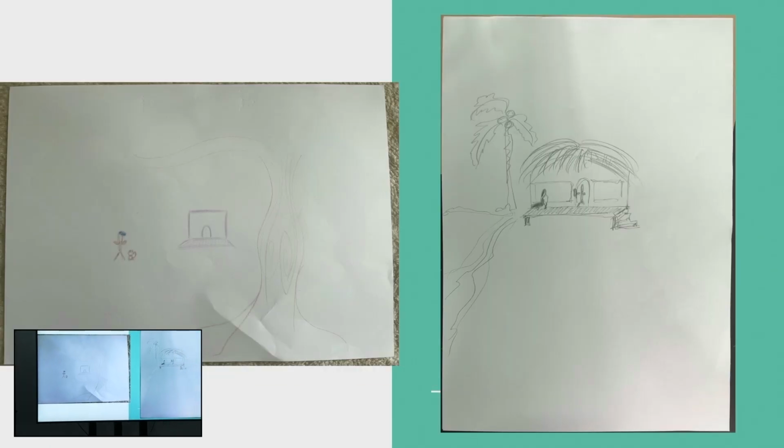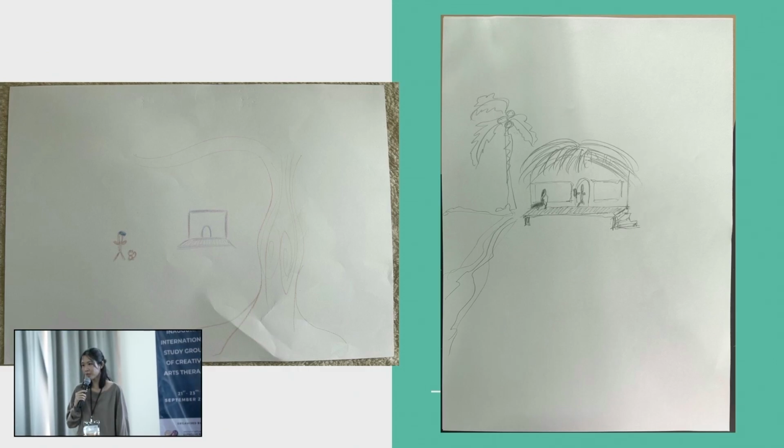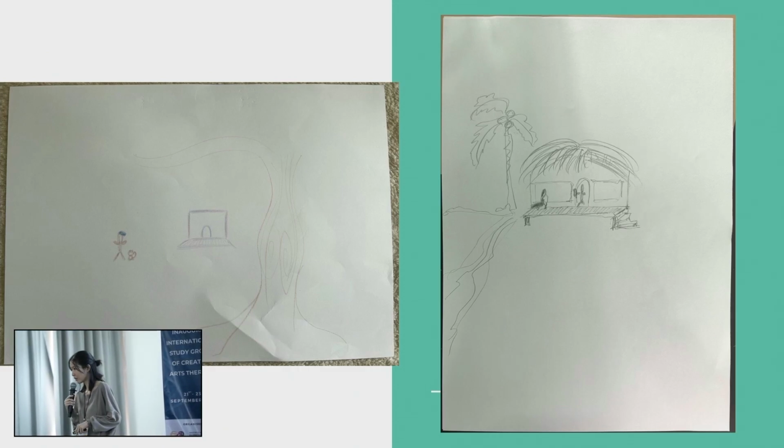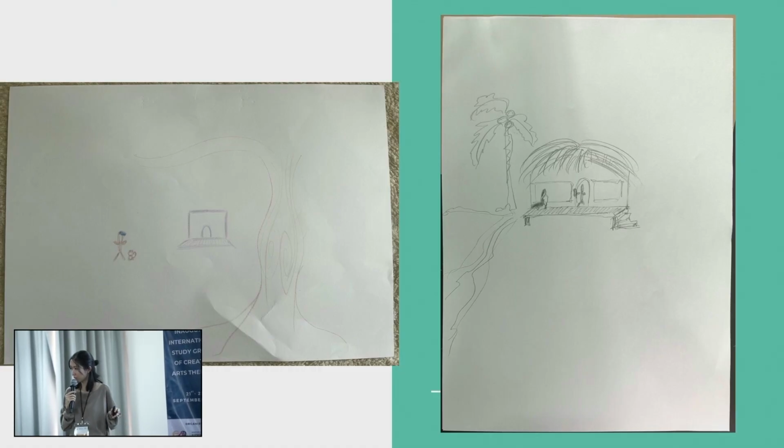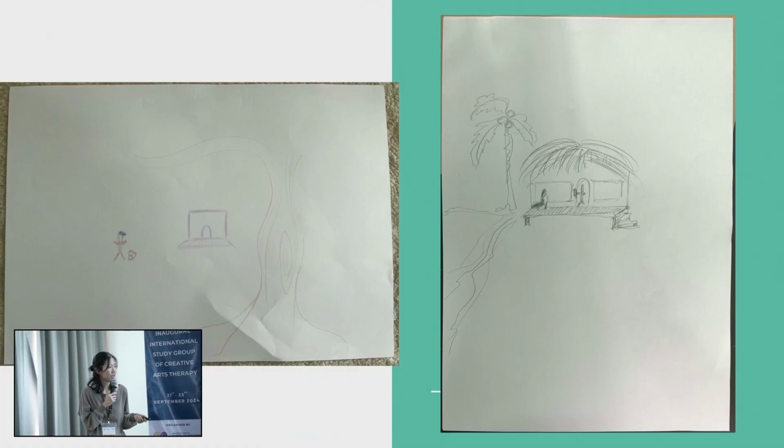And this one is also a client who has had a lot of trauma, family trauma, living with a parent with a personality disorder, and the other one is ignorant. And she's not the favorite one in the house.